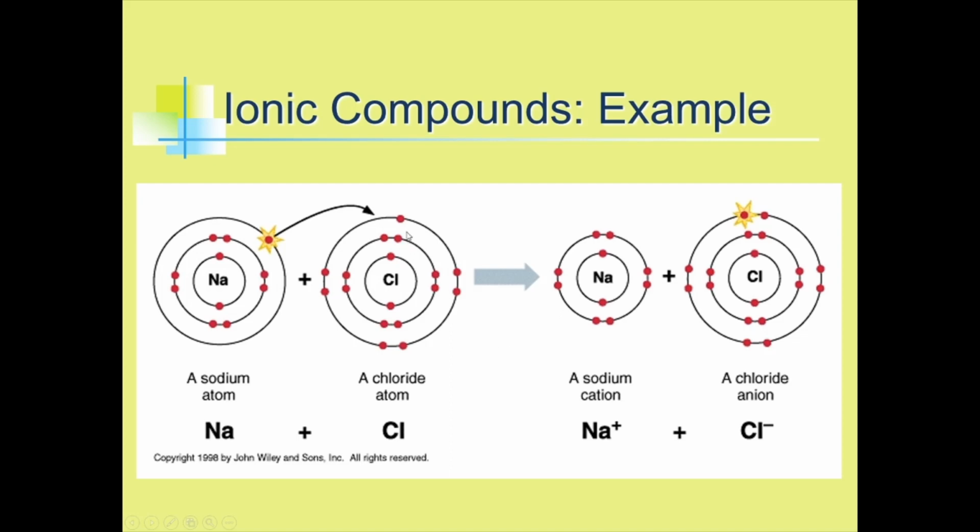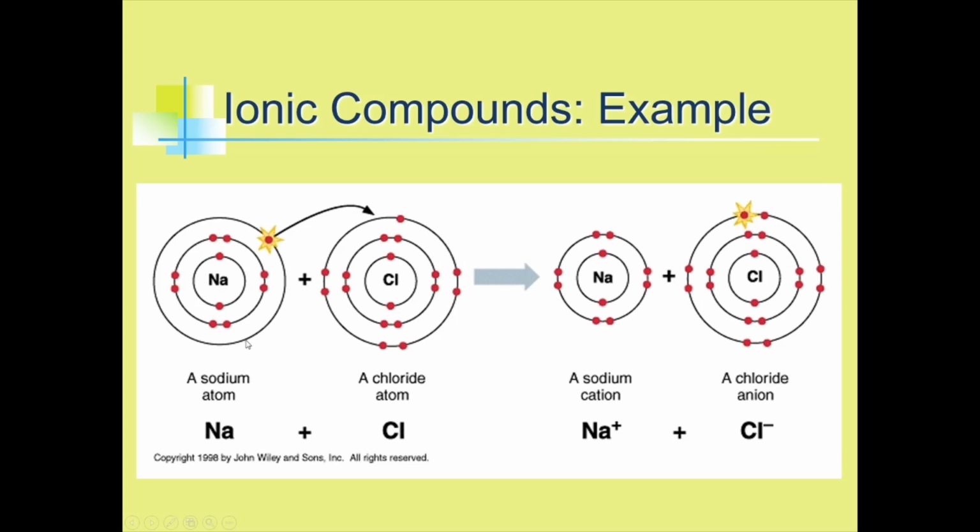So we have this thing called the octet rule, and basically what the octet rule means is that most of these elements want to have 8 valence electrons on the outer shell, right? So a sodium here has 1 valence electron normally, and chlorine has 7. Well, chlorine can easily get 1 more by taking it from someone else, but sodium can't gain 7 more.